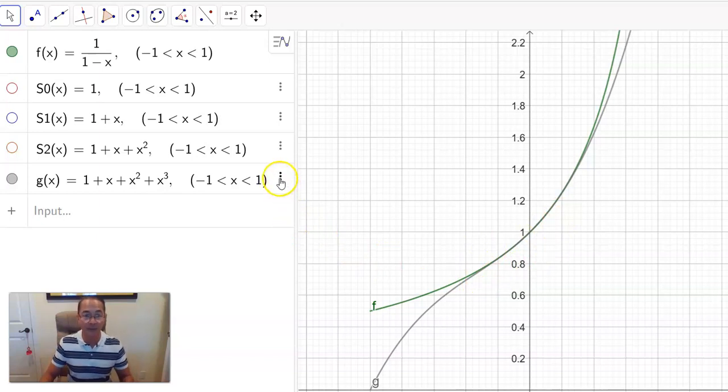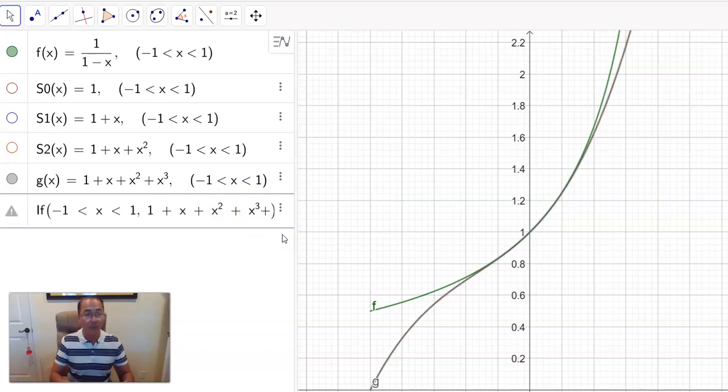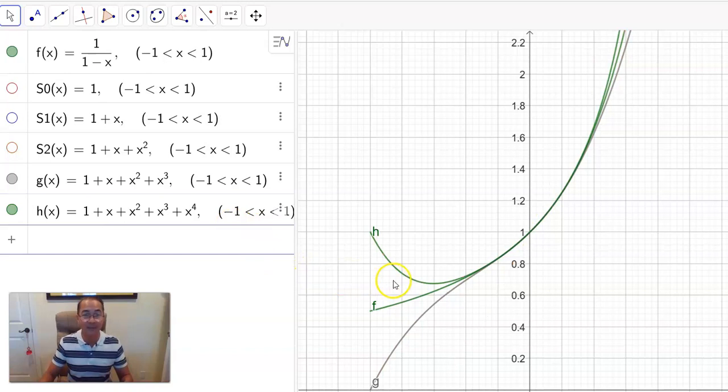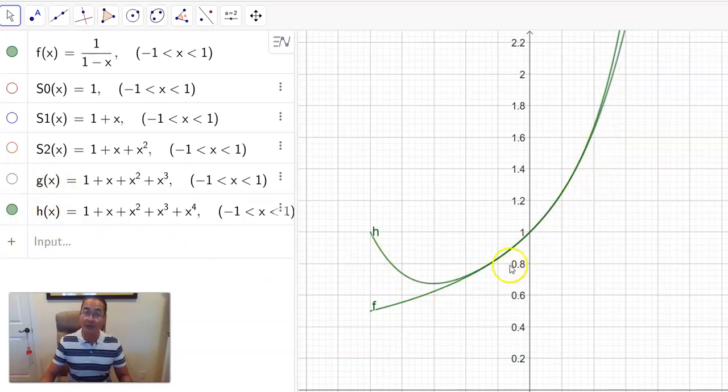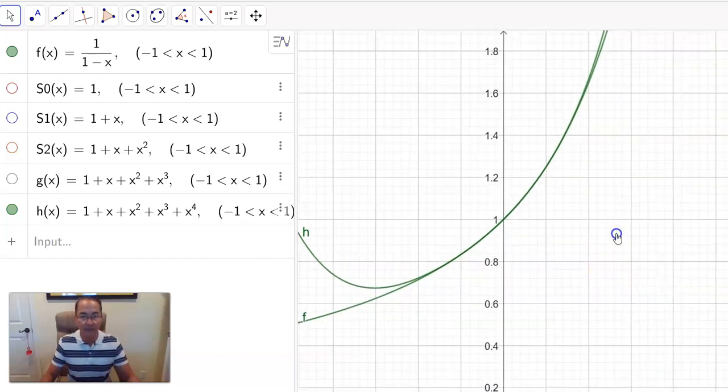Shall we go further? Duplicate input. Plus x cubed. One more, plus x to the power 4. Of course, so the cubic, that's how a cubic behaves. But now for a fourth degree, it's pointing up in both directions. Would you agree that this time between maybe negative 0.4 and positive 0.4, you could barely tell those two graphs apart?